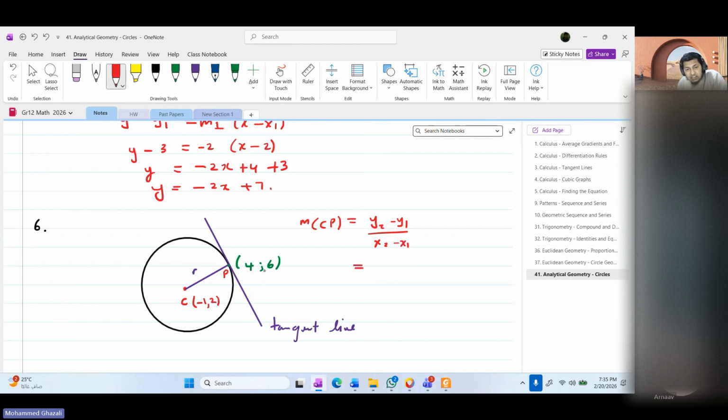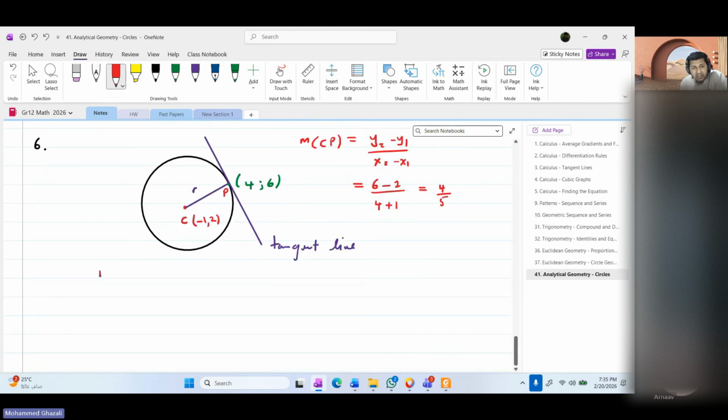What's y2? 6 minus 2, divided by x2, which is 4, minus negative 1, which is plus 1. So we are getting 4 over 5. That's the gradient of CP. Now, the gradient of the tangent is minus 5 over 4.